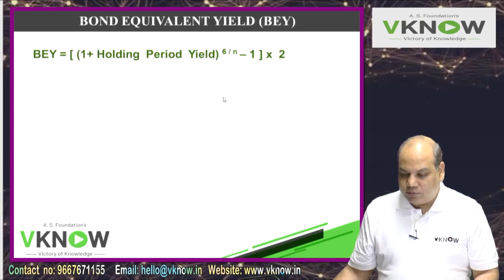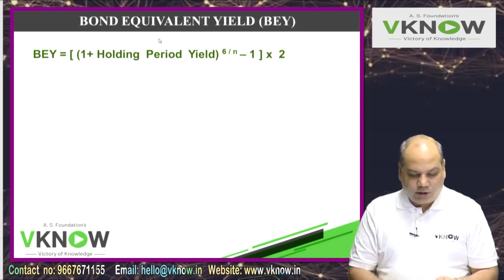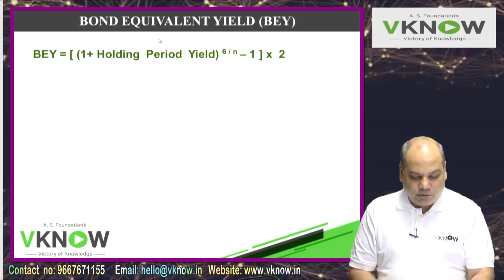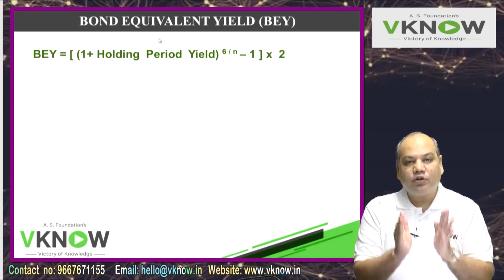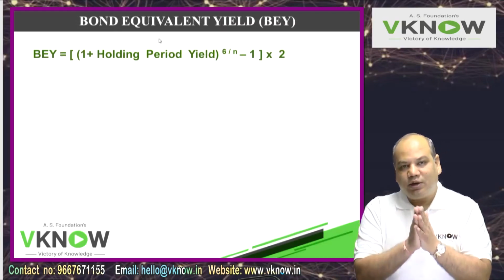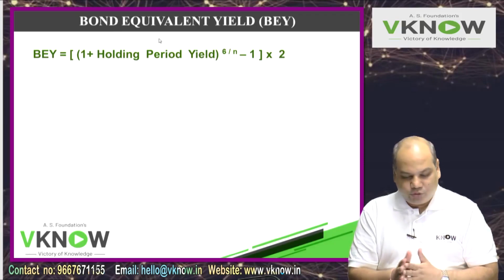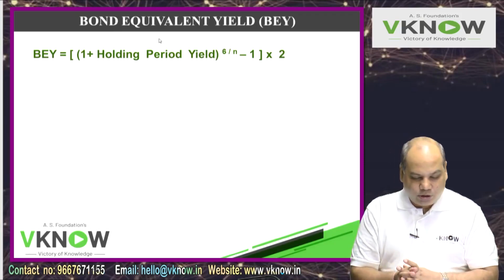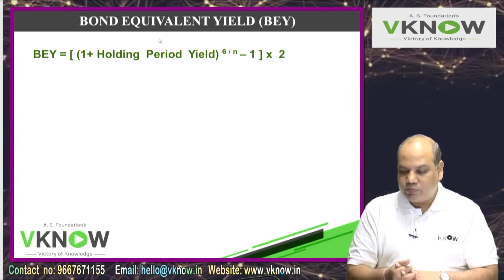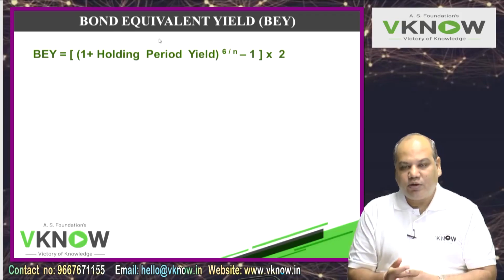And now the next one is bond equivalent yield. In bond equivalent yield, what will we do? First we'll calculate the effective yield for 6 months and then multiply by 2. So write down the formula. Bond equivalent yield is equal to bracket 1 plus HPY to the power 6 by n minus 1, bracket close, into 2.